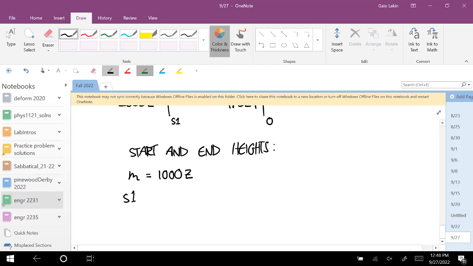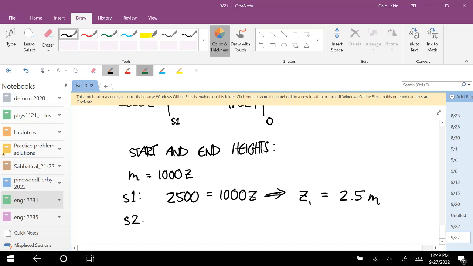So for state 1, what did it say it started out with? 2,500 kilograms. So 2,500 is equal to 1,000 z. And so z1 is 2.5 meters.